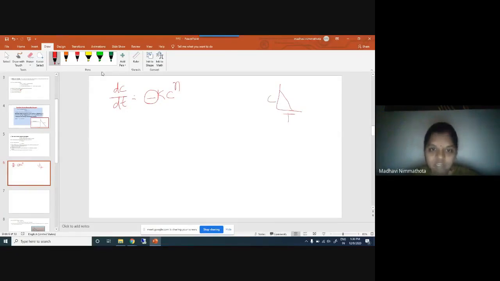That's what the negative sign indicates. The n is for order of reaction. If it is zero order, n is 0. If it is first order, n will be 1. This is the basic equation you have to remember for calculating zero order and first order kinetics.